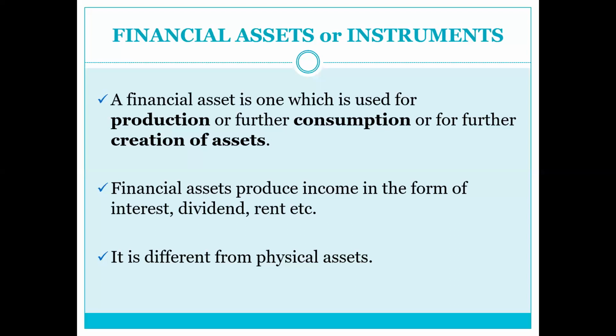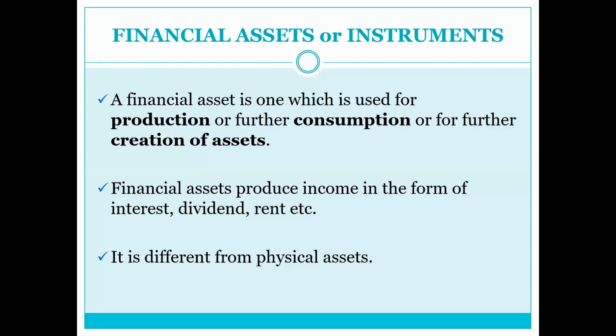See, if you're buying an asset with the intention of using it for further production, for example, if you're buying some raw materials, let's assume you bought some cotton. Your intention is to convert it into a cotton sari. Okay, so you're converting that raw material into another product with the intention of selling it to someone else.